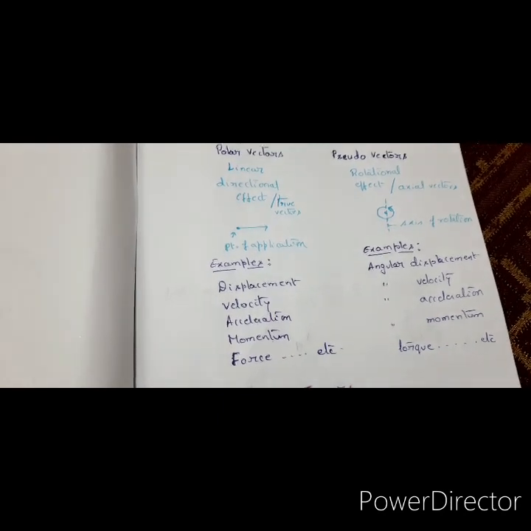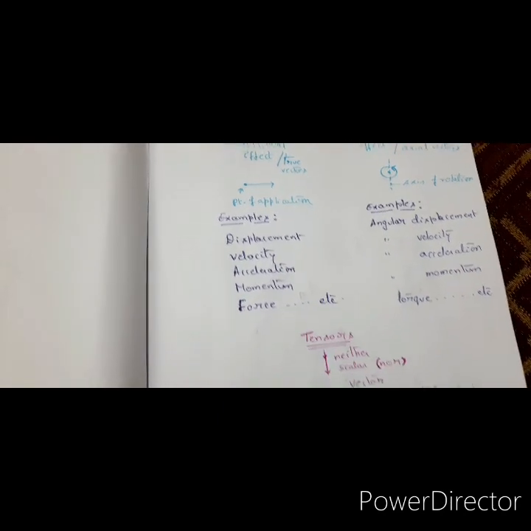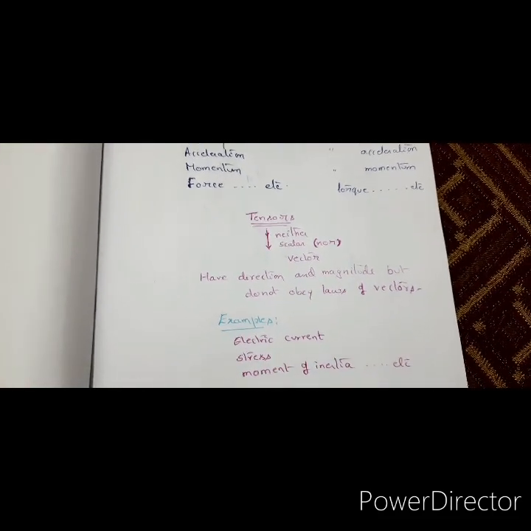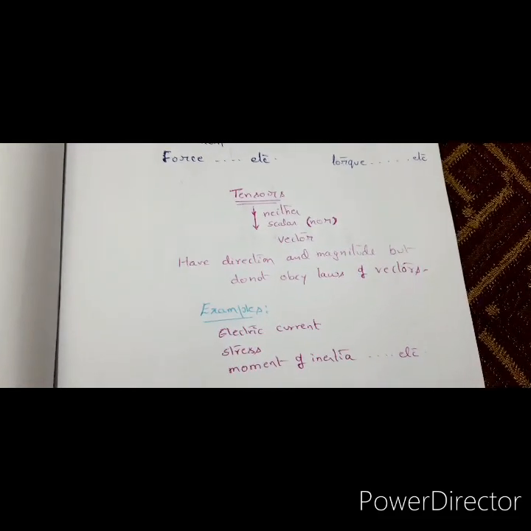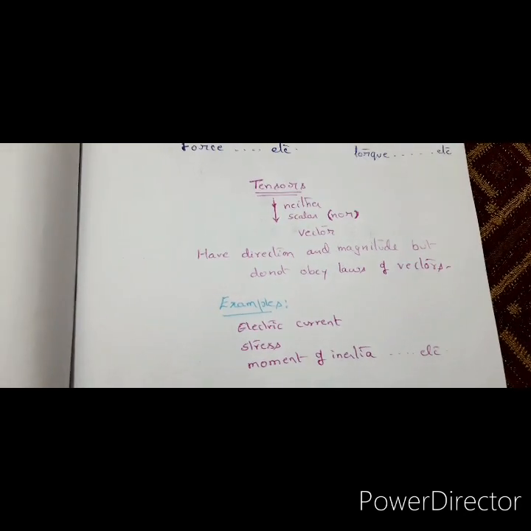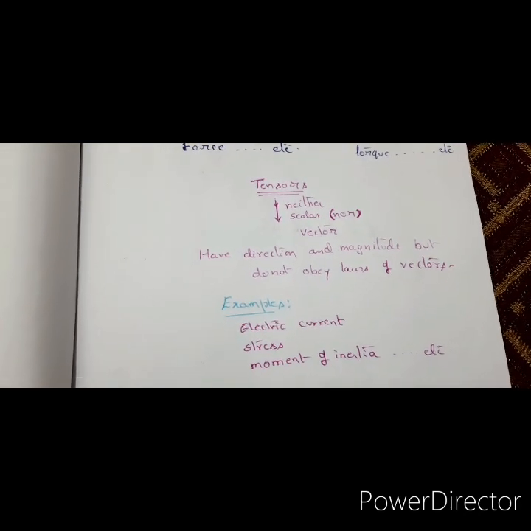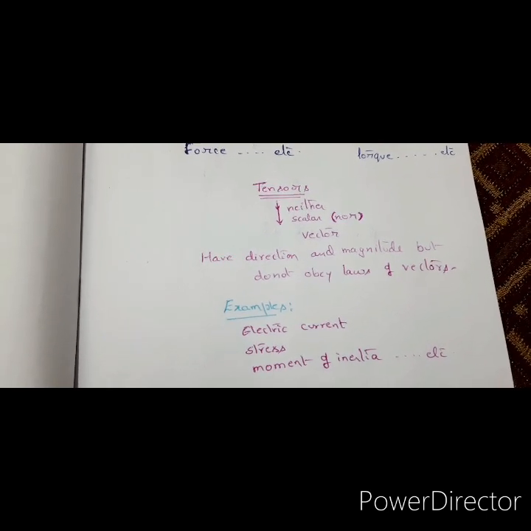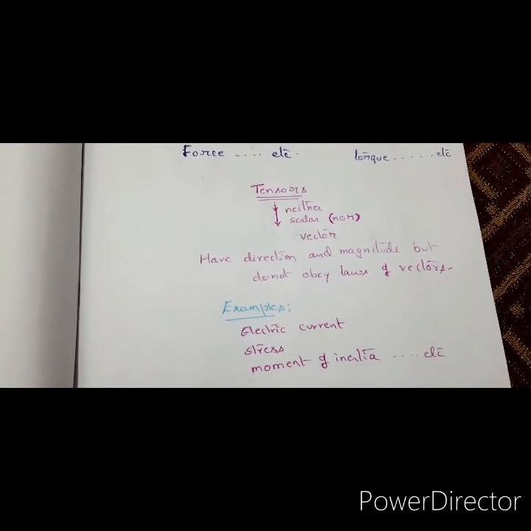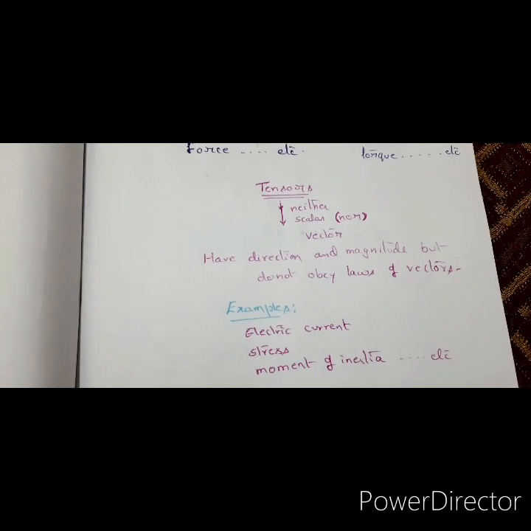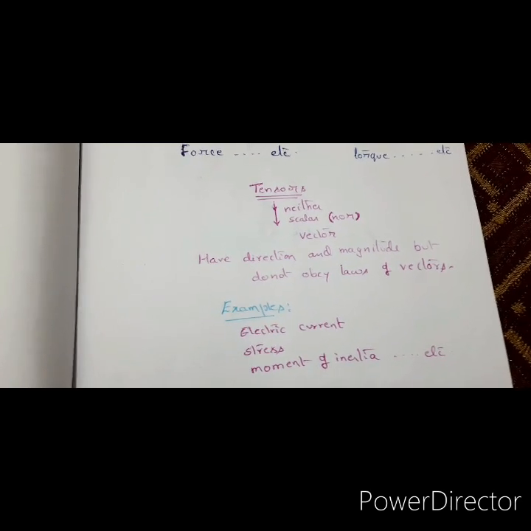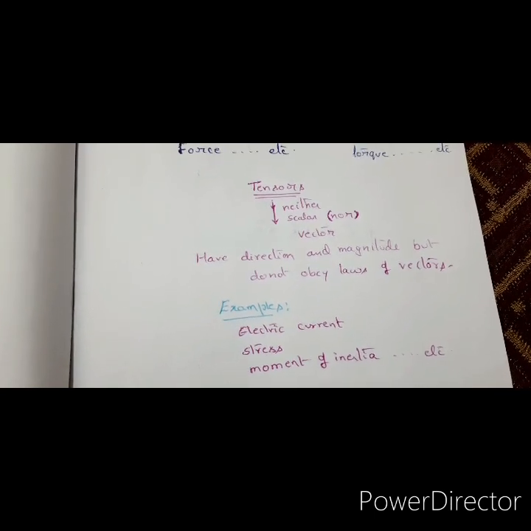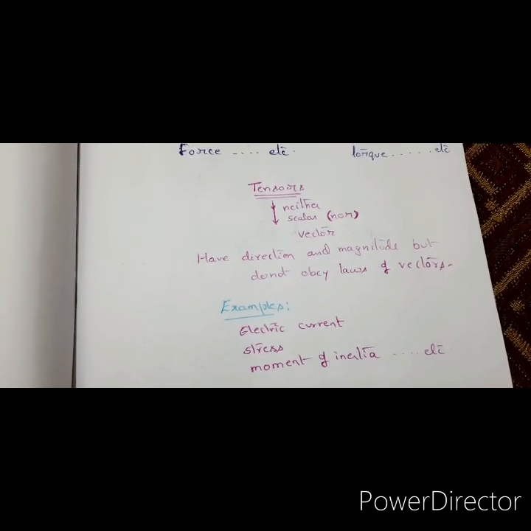So what is a tensor? A tensor is neither a scalar nor a vector. Then what is it? At this level, at 11th standard, we must know the basic difference between a tensor and a vector. See, tensors also have direction and magnitude, like electric current.